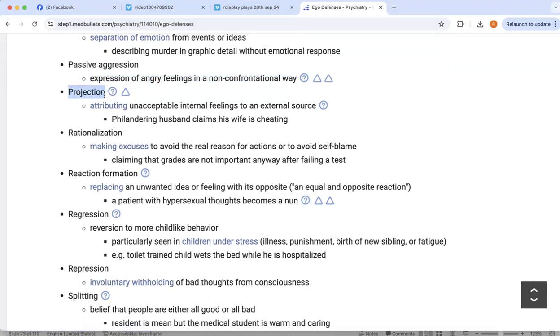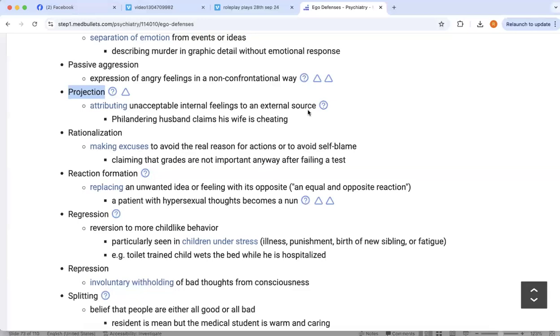Projection, very important for exam. Projection is attributing unacceptable internal feelings to an external source. Let's say you are doing something wrong and you are accusing someone else for your own unacceptable feeling.